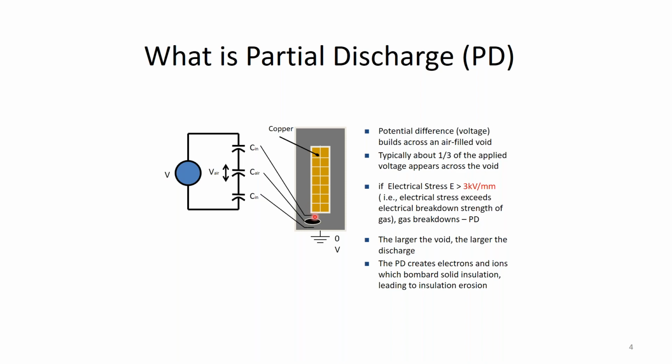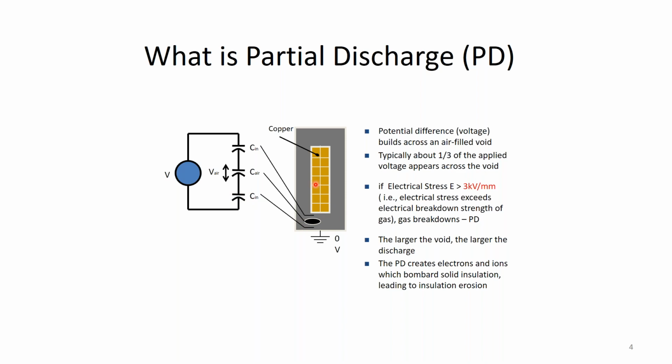There is an electrical capacitance between the copper and the top of that void, and I'm representing that here. There's actually an electrical capacitance of this void itself, that's this capacitor, and there's capacitance between the bottom of that void and the surface of that coil where ground potential is, and that's this capacitor.